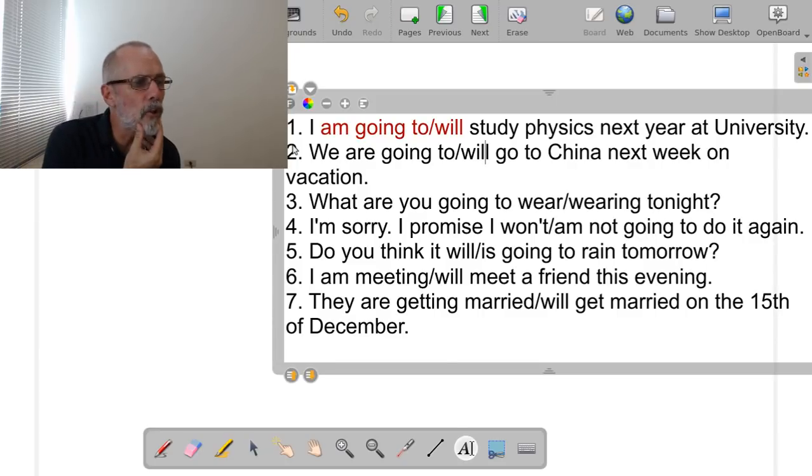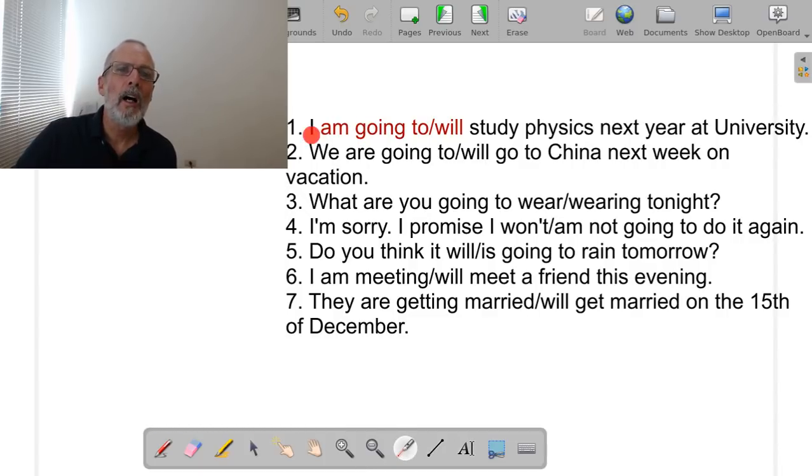So what you're going to do is choose the correct structure. Sometimes, in some of these, it's possible to use both structures. But in number one, what is the correct structure? I am going to study physics next year at university, or I will study physics next year at university.